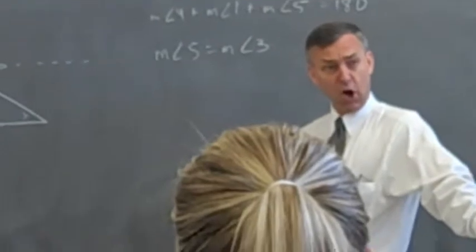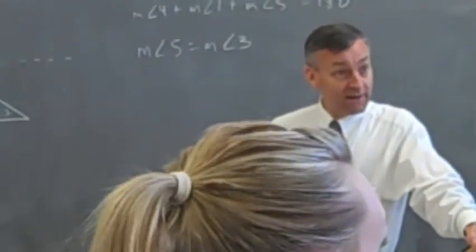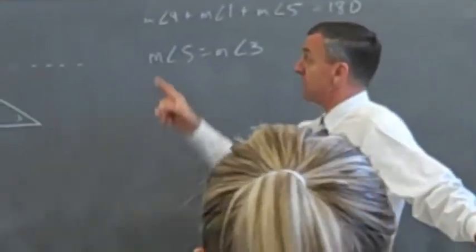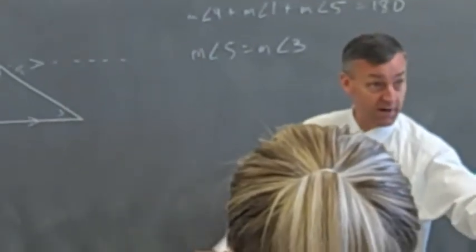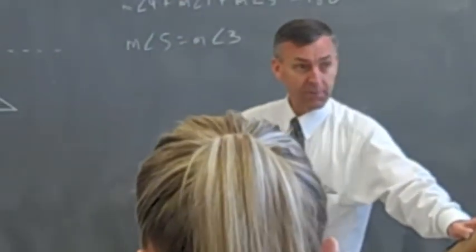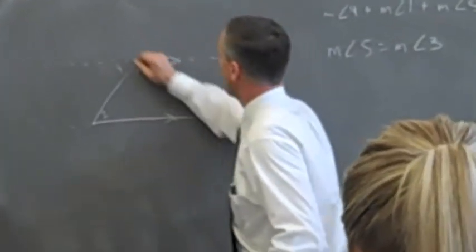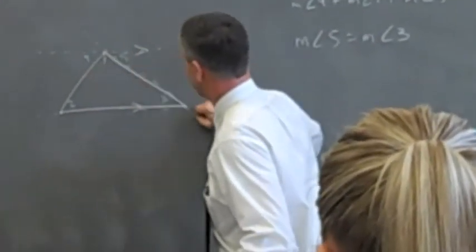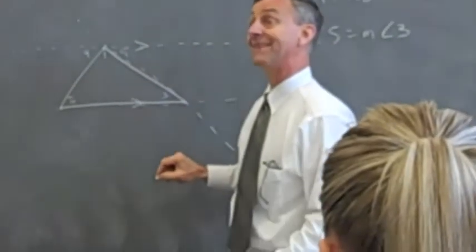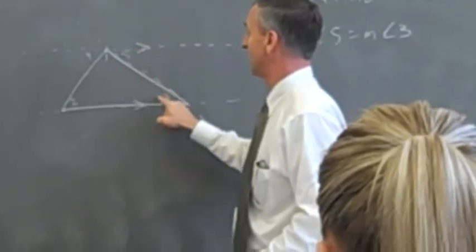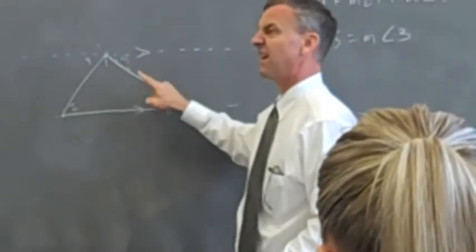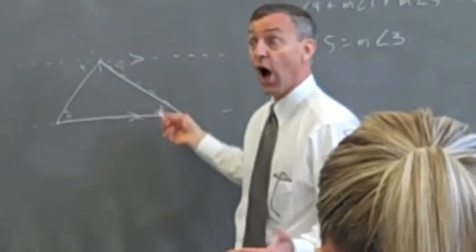Yes? No? What? I said I just drew a line that was parallel, so what? So when two lines are parallel, are cut by a transversal, then what? What are these? Alternate interior angles have to be congruent.